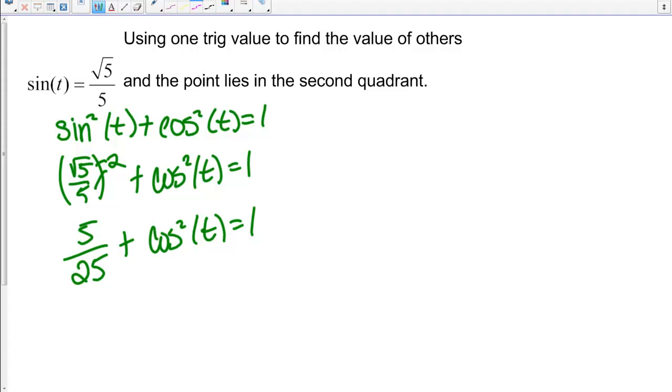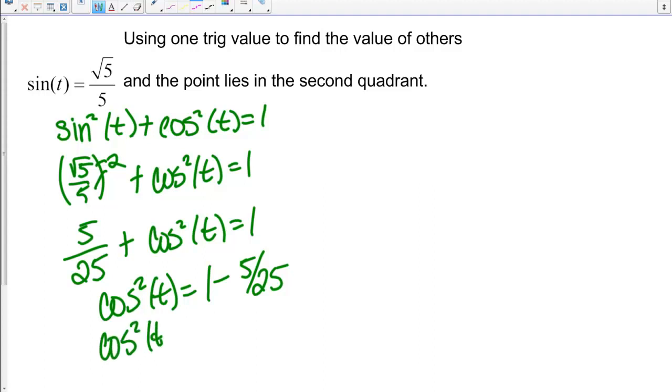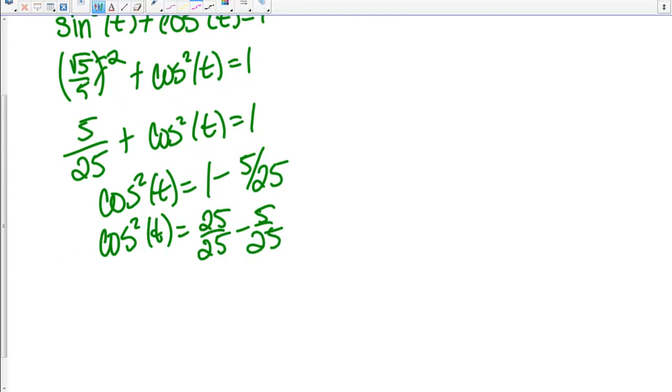We subtract 5 over 25 from both sides to get cosine squared of t equals 1 minus 5 over 25. We need a common denominator of 25, so cosine squared of t is 25 over 25 minus 5 over 25. So then we get cosine squared of t equals 20 over 25.